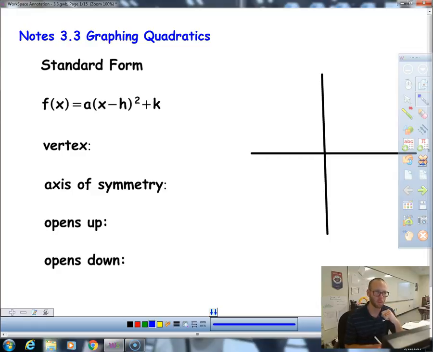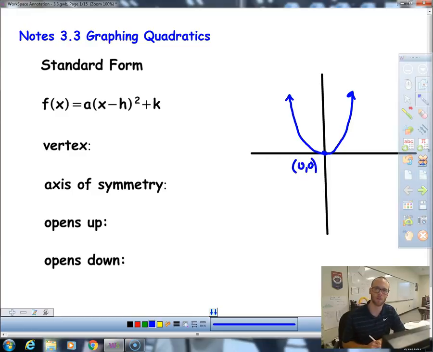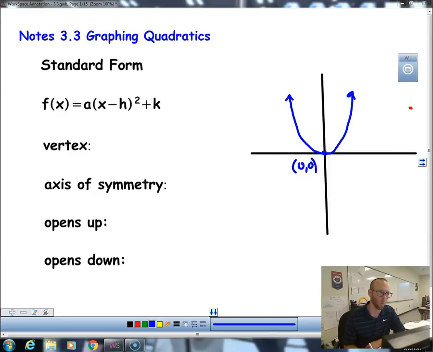Now, with the graph of a quadratic, as you're familiar with, it's a parabola. And if we look at our parent function, the most basic function is right here, with the vertex at the origin, 0, 0. What is the vertex from our standard form?